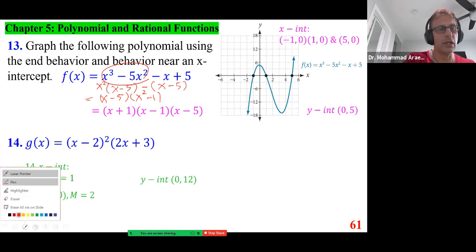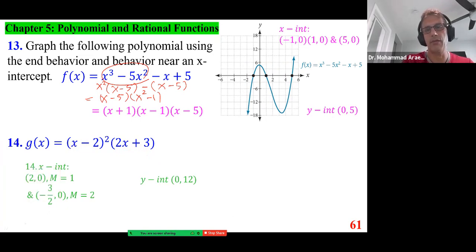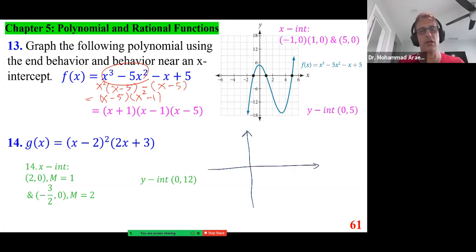So let's do this together quickly. If I were to graph this roughly, this is not going to be to scale. Let's assume this is 0, 12, which is not to scale. Negative 3 halves, so let's say this is negative 1.5, or negative 3 halves, 0.